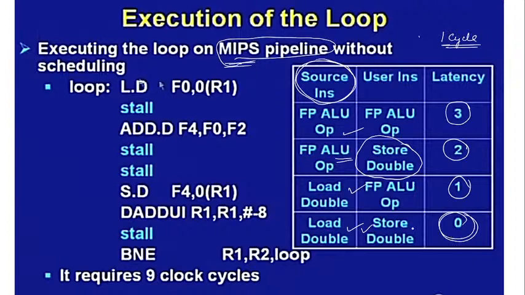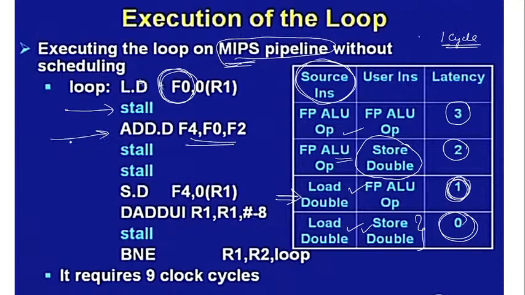If the user instruction is a store double, then it does not take any extra clock cycles. Here you can observe we are loading the data. For the load operation there is one stall, and here some floating point arithmetic operation is there.